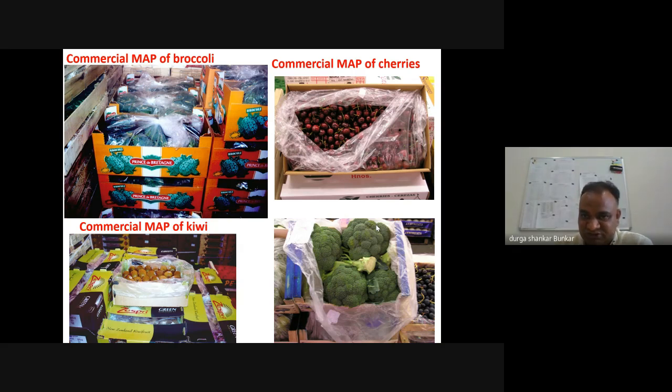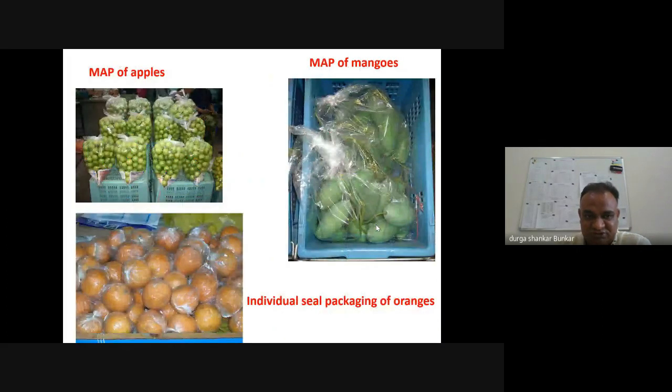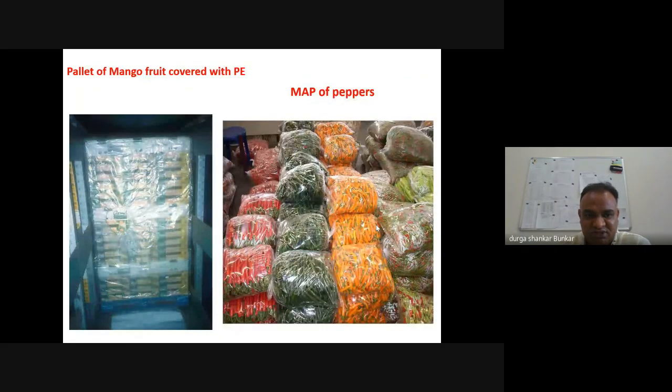Another example is the MAP of cherries and kiwis. There are several listed products: apples, mangoes, and individual sealed packaging of oranges. Now, if you go for the pallets of mango fruit covered with PE, the polyethylene, the mango papers.